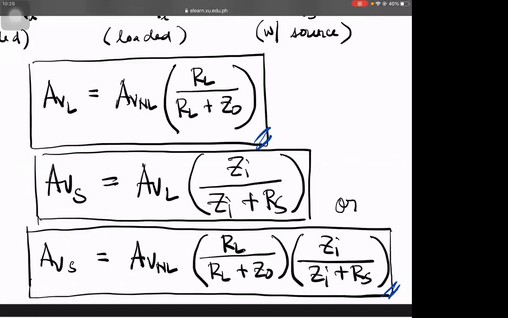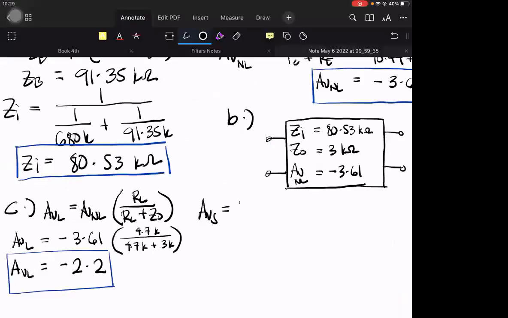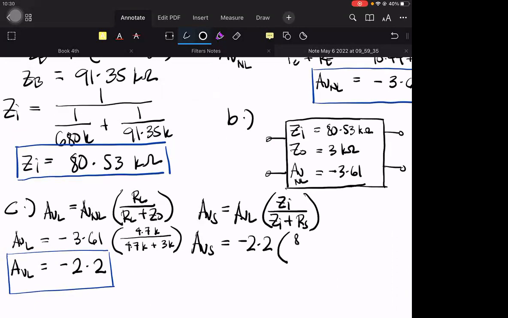AVS is AVL times ZI over ZI plus RS. So AVL times ZI over ZI plus RS. Negative 2.2. How much is ZI? 80.53.